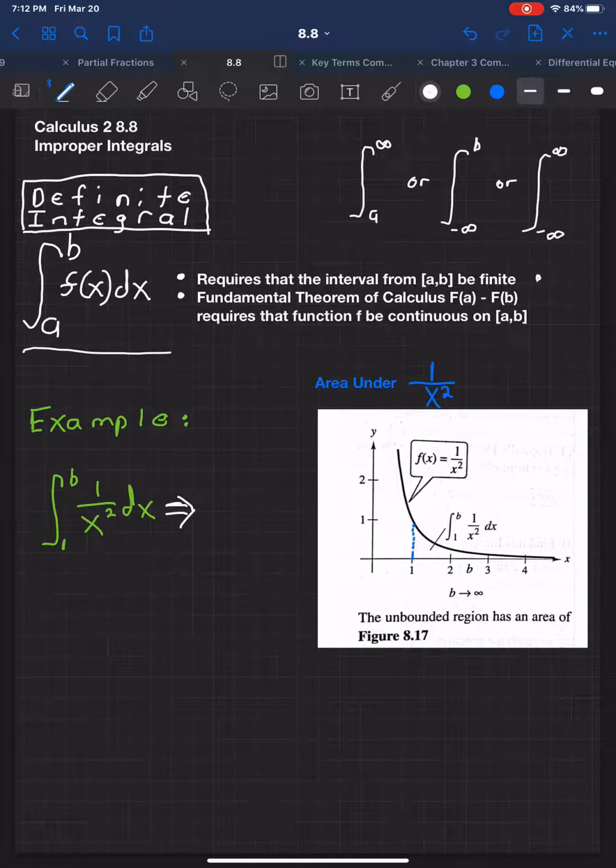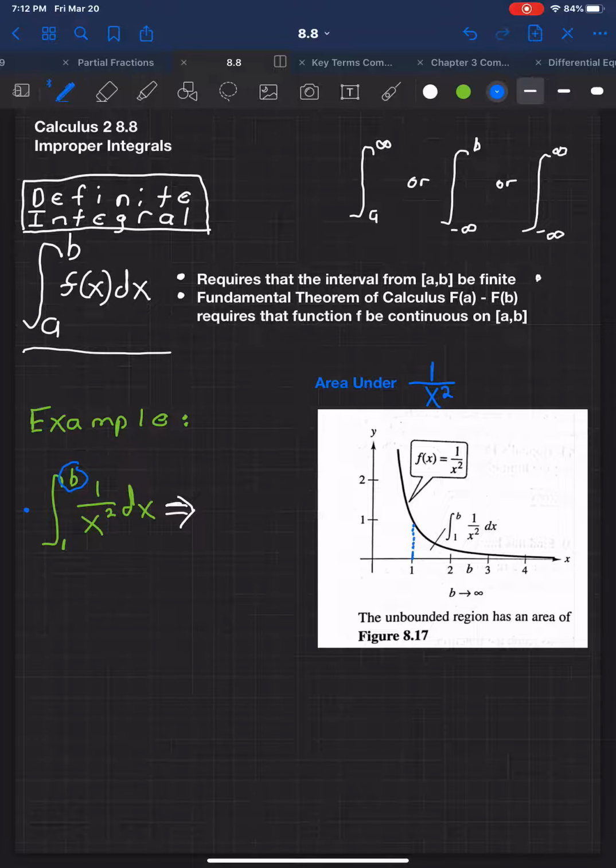So for this video, let's just explore a little bit. Let's put our pens down, put our phones away, and let's just explore a little bit. So let's take, for example, my example that I've written here, that I want to integrate 1 over x squared with respect to x from 1 to, well, I didn't put a constant here, just 1 to some value we're going to call b.